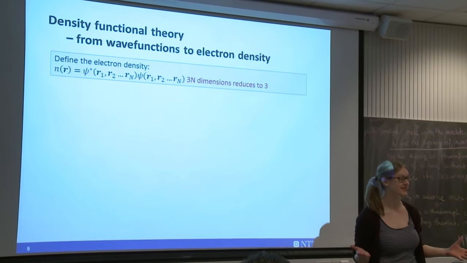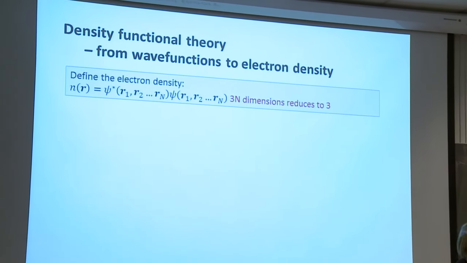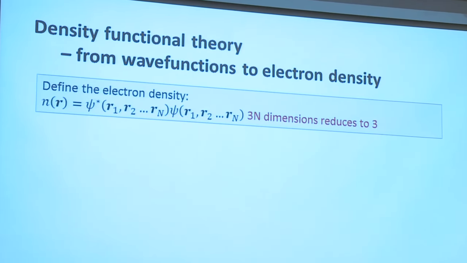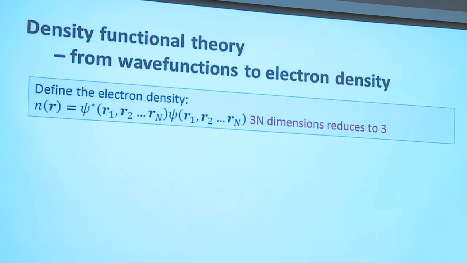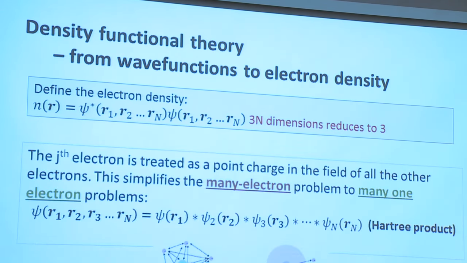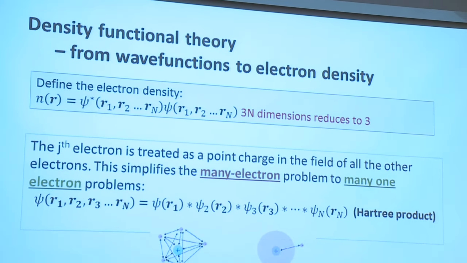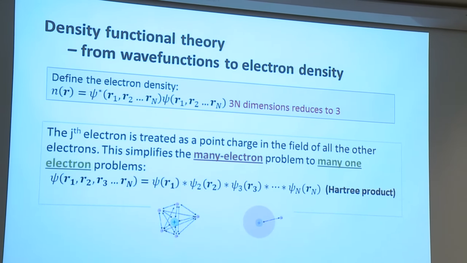So the electron density is only 3-dimensional, right? So that seems to be sort of a hint, let's go in that direction. Let's try to solve the Schrödinger equation in terms of considering the electron density, right? Hint, hint. Now let's make another approximation.